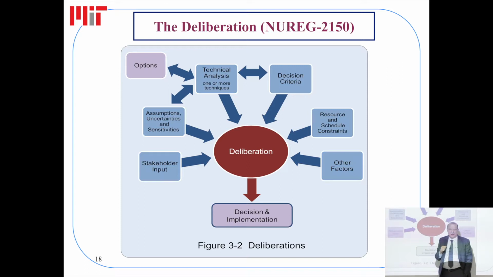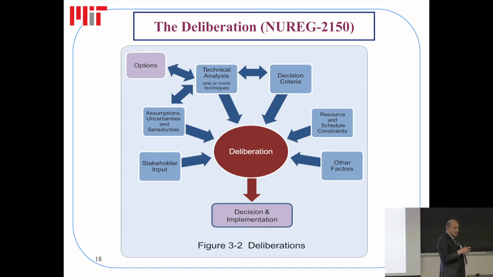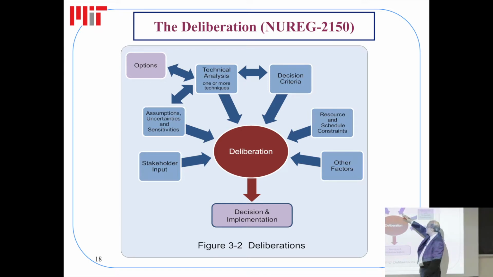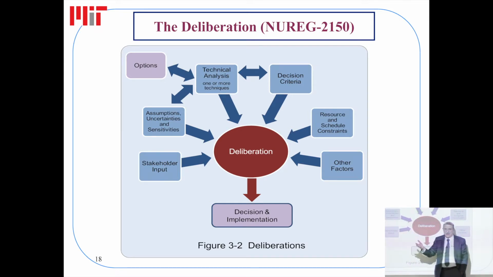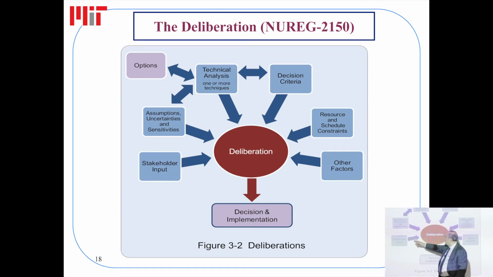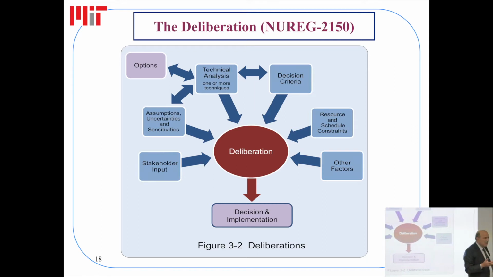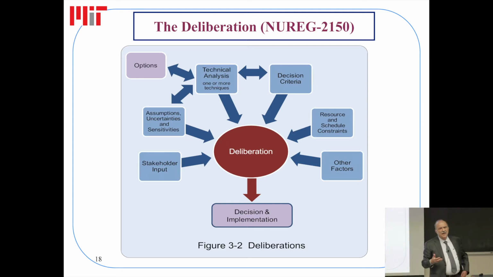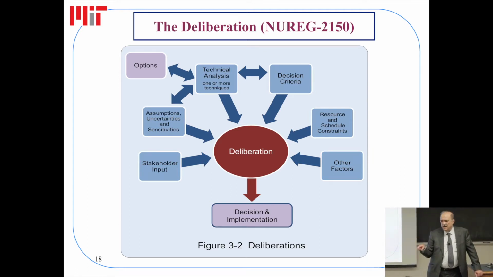Usually there is a technical analysis which is both the traditional deterministic analysis and the PRA, risk insights. But these are not the only inputs. You have to consider how good these are. What are the assumptions they are making? What are the uncertainties? What do stakeholder groups think about these things? A stakeholder group means that these are people who have an interest in the decision, but they are not decision makers.